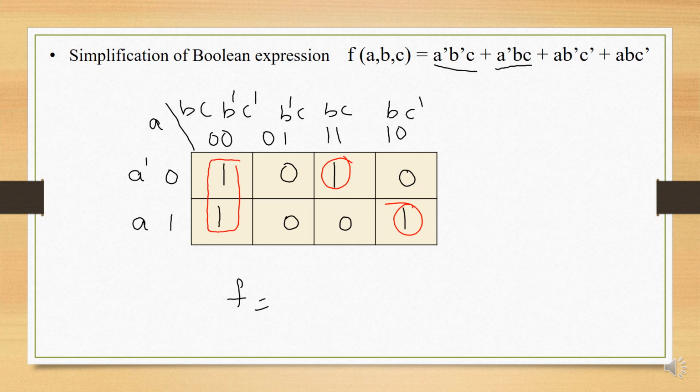So the simplified expression is the product term for the particular pair, whatever we have done here, which will be B bar C bar, plus for the single we have A bar B C, plus for one more single the product term will be A B C bar. So this is the simplified expression.